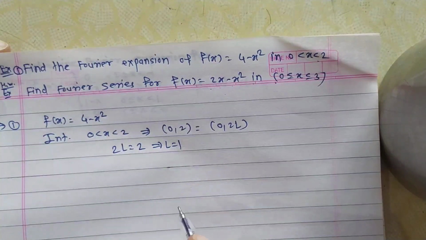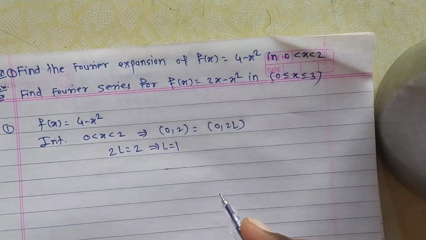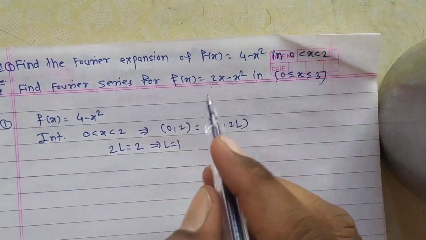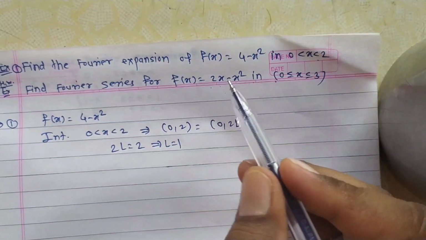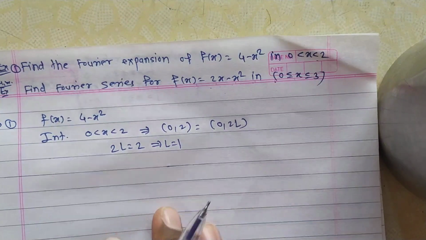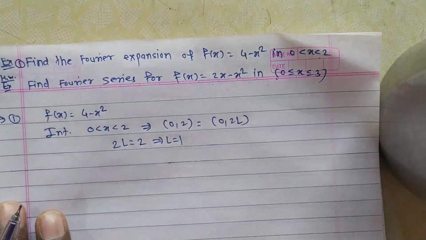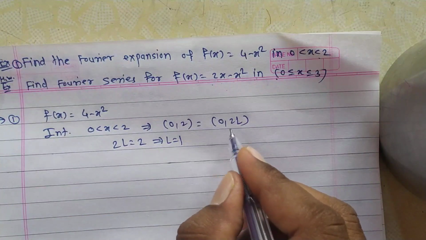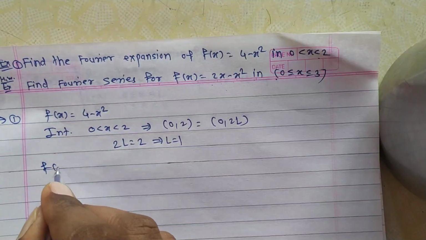This is very important. And interval is 0 to 2l, so no need to check here whether f of x is even or odd. So when we check f of x is even or odd, if interval is minus l to plus l. Now what is the value of l here? L is equal to 1. So if interval is 0 to 2l, then how we write its Fourier series expansion?